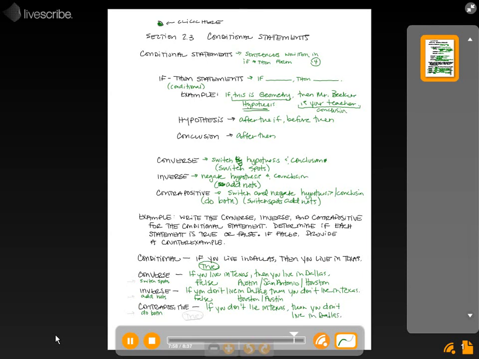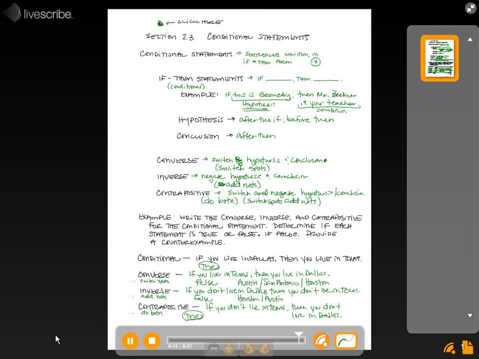Okay, so let's think about that. I don't live in the state of Texas at all. Therefore, I don't live in Dallas. Well, that's a true statement. Okay, since Dallas is in Texas, if I don't live in Texas, then obviously I can't live in Dallas. That one's true. And if it's true, I don't need to give a counterexample for it.